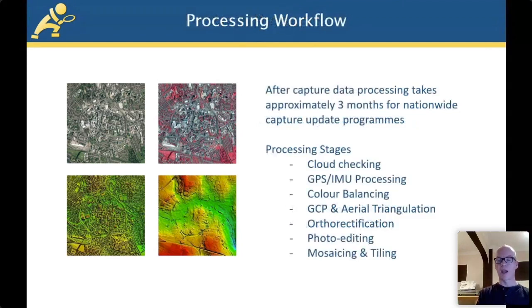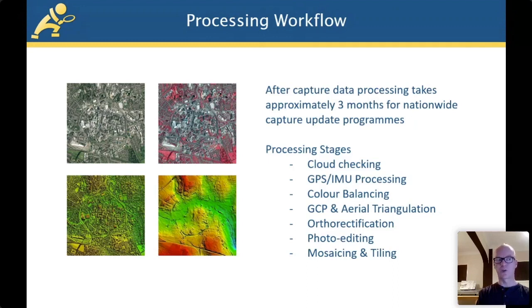It's quite a lengthy process, especially when you're dealing with tens of thousands of square kilometers of imagery. So we've got quite a few processing stages to get from our starting point to our end point. Initially we're doing cloud checking. And then there's a very critical phase, which is the IMU and the GPS processing, which is getting our accurate positional fix and orientational fix of the aircraft.